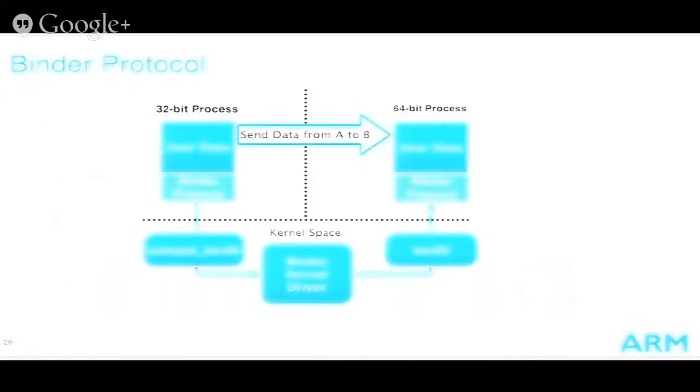So we ported 64-bit. We have a 64-bit libc, a 64-bit libm and a linker, but we have no communication between 32-bit and 64-bit processes. And this is what Binder is used for. You can see here in this slide that we have two processes, a 32-bit process and a 64-bit process.